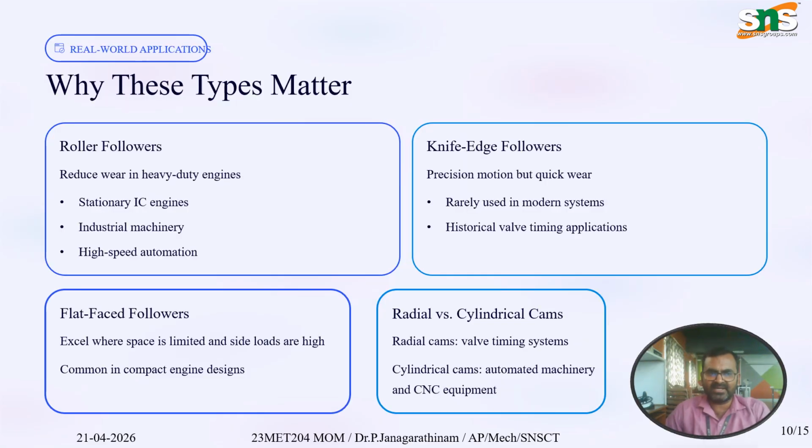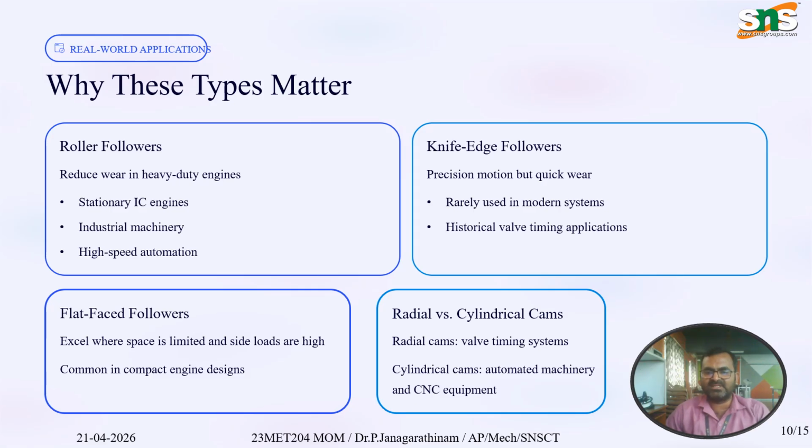Why do these types matter? Roller followers reduce wear and are used in heavy duty engines like stationary IC engines, industrial machinery and high speed automation. Knife edge followers give precision motion. The knife edge of the follower only touches the cam, so it is rarely used in modern systems, only in historical valve timing applications. Flat faced followers excel where space is limited and side loading is high, which is common in compact engine designs.